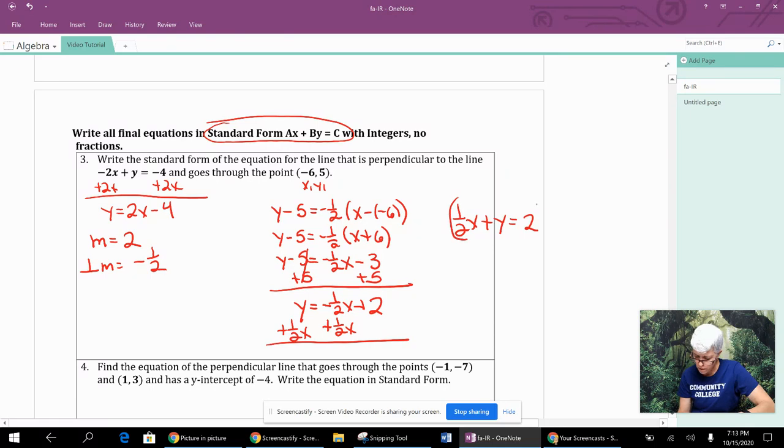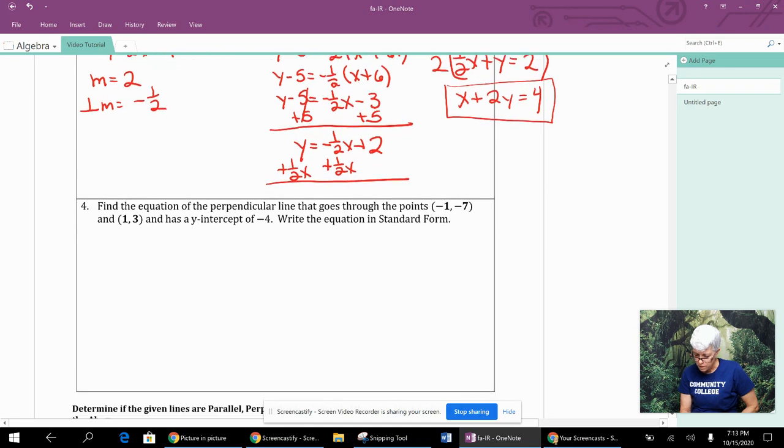Now I'm going to get rid of the fraction. And remember, again, every term has to be multiplied. So we have x plus 2y equals 4. There we go. And we're done.